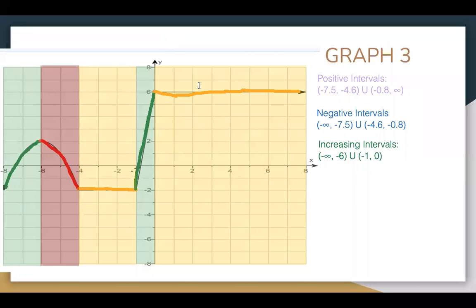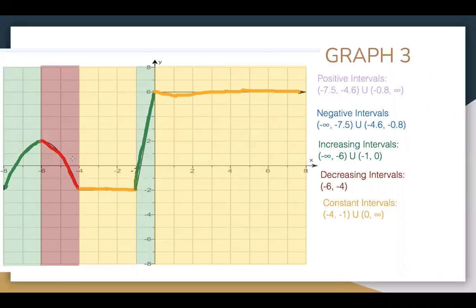We only have one decreasing interval, and that's from -6 to -4. Then there's two constant intervals, from -4 to -1, and then from 0 to infinity.